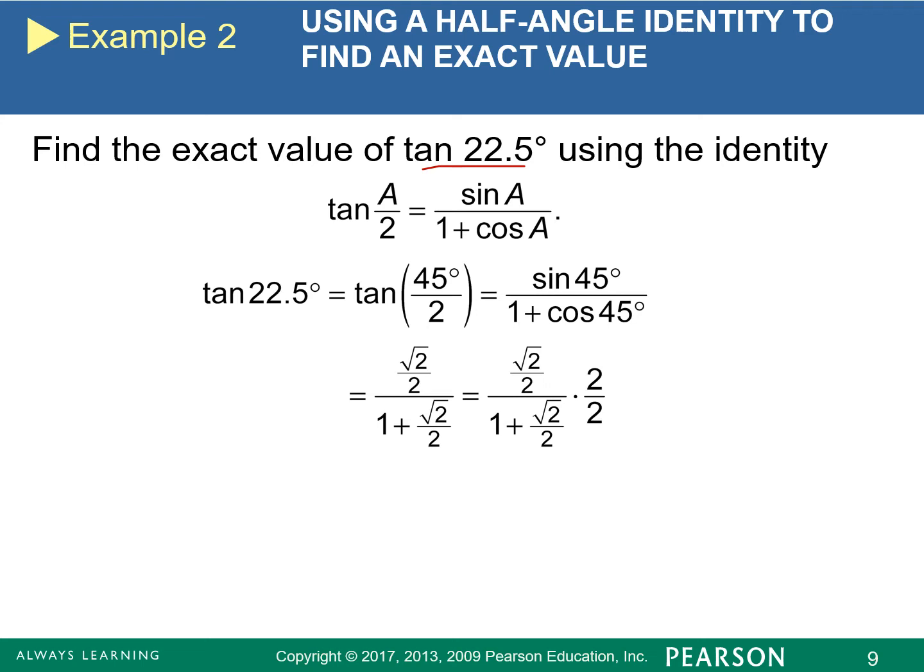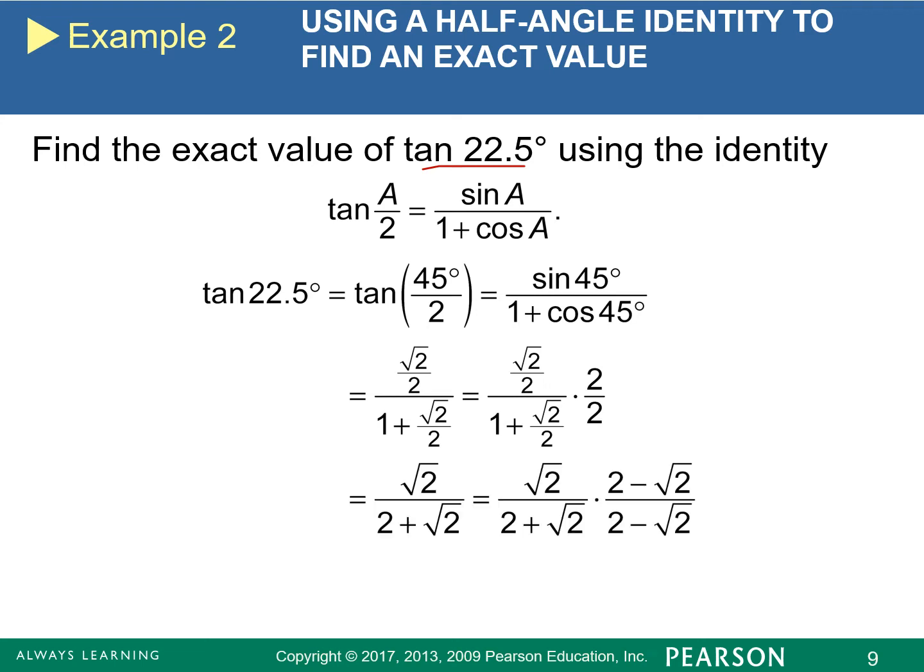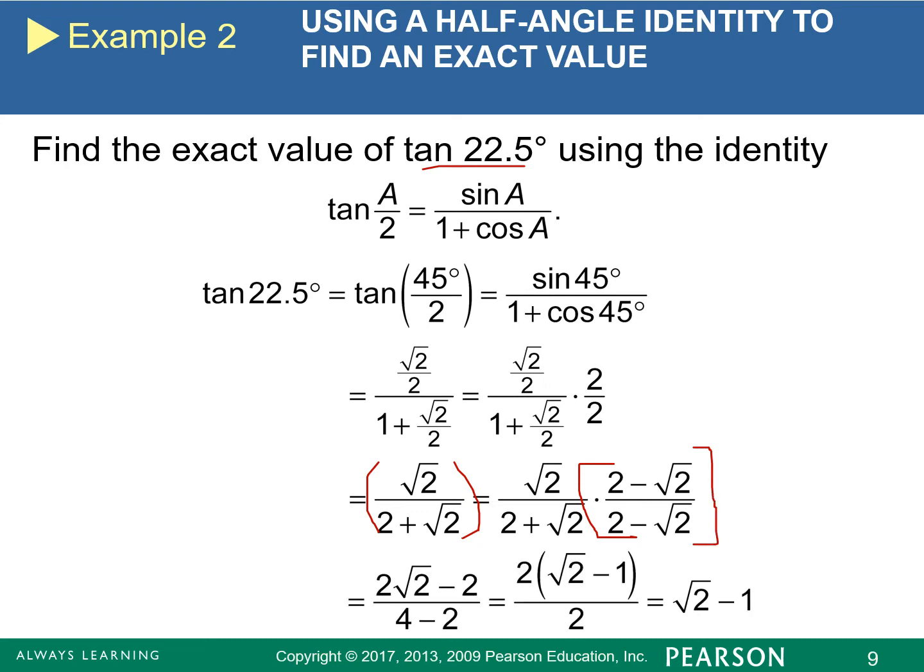Multiplying by 2 to get rid of some fractions, I get root 2 divided by 2 plus root 2. I don't want any radicals in the denominator, so I multiply by the conjugate of the denominator, which is 2 minus the square root of 2. So the exact value of tan 22.5 is the square root of 2 minus 1.